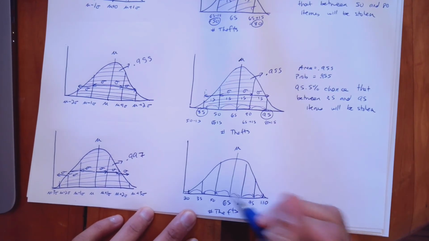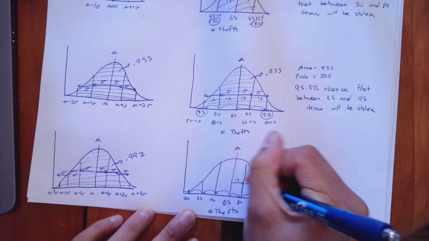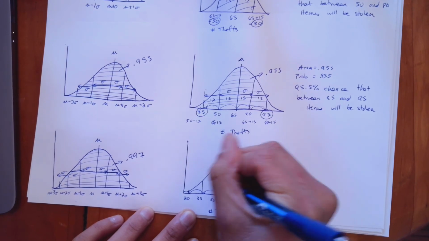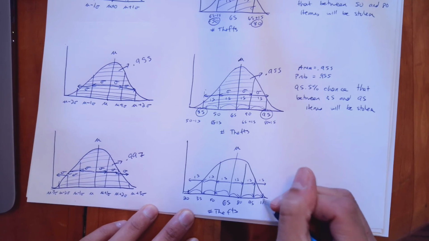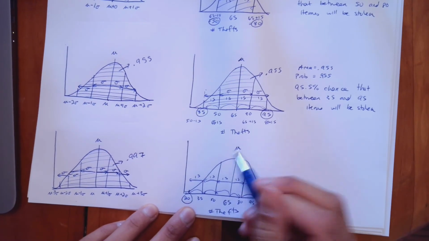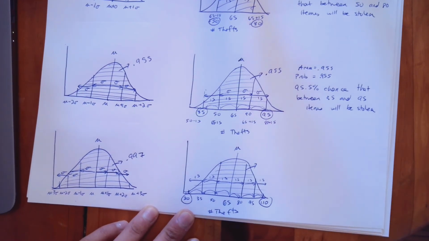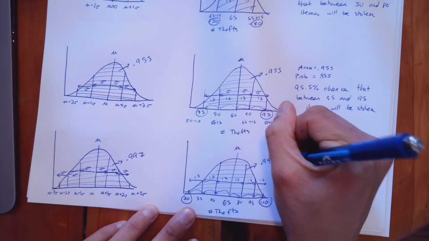So each of these is a 1 standard deviation jump. Again, we're going out 15, 15, and then 15, going 15 in this direction, 15 in this direction, and 15 in this direction. So, thanks once again to our handy-dandy rule, we know that the area under the curve in between these numbers is equal to 0.997.